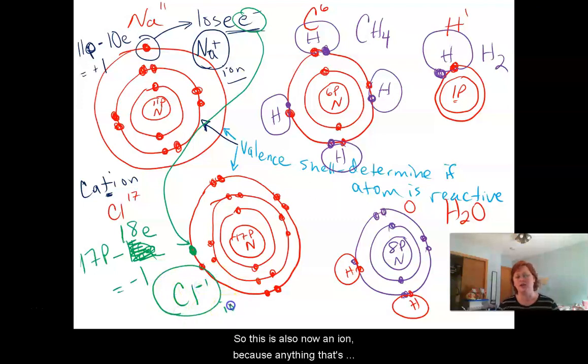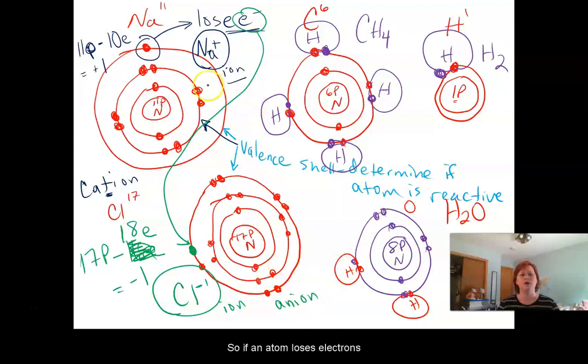So this is also now an ion, because anything that's charged is ionic, or an ion. This is an anion because it is negatively charged. So if an atom loses electrons, it becomes a positive ion, or cation. And if an atom gains electrons, it becomes a negative ion, or an anion.